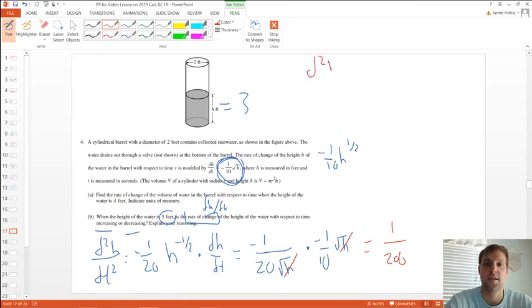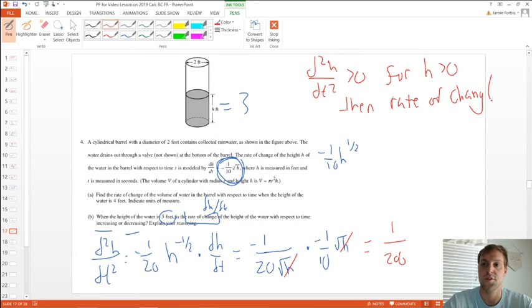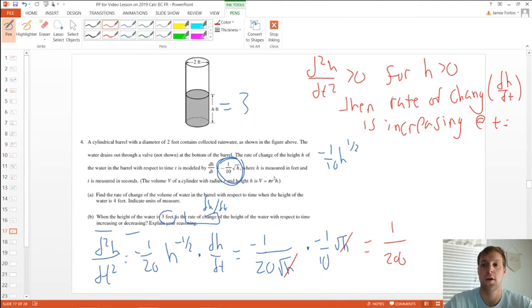So I'm going to say since d²h/dt² is greater than 0 for all h greater than 0, no matter what the height is, I have a positive derivative there, then the rate of change, which is dh/dt, is increasing at the time when height equals 3.